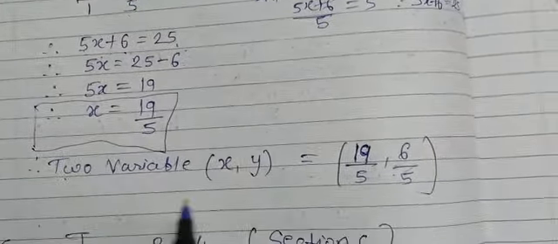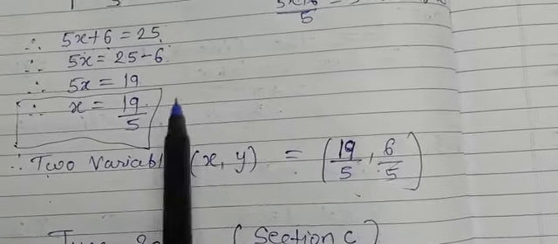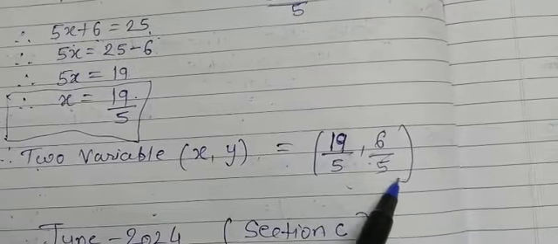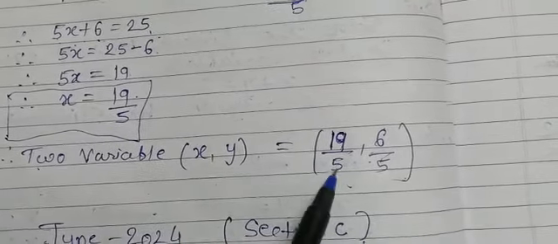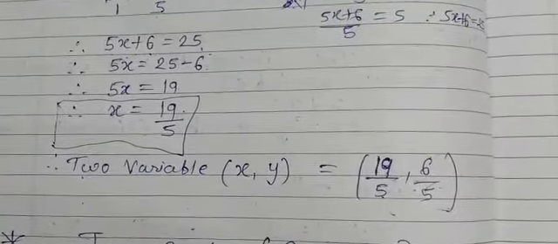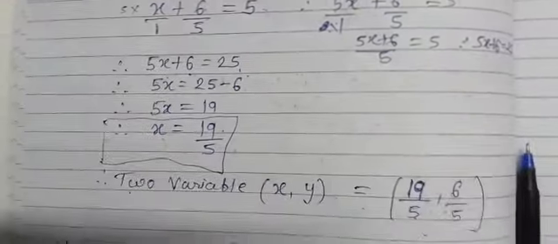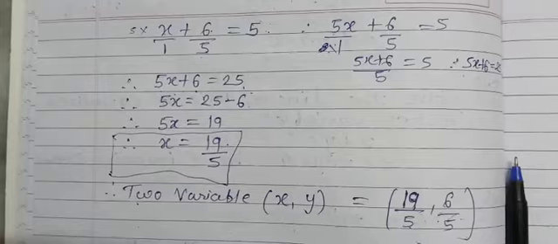So the two variables x and y are 19 upon 5 and 6 upon 5. 19 upon 5 is our x value and y is our 6 upon 5. So this is the solution. By the elimination method, you can find the values of x and y in such a manner.